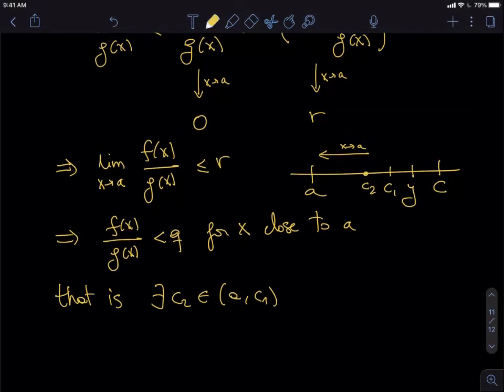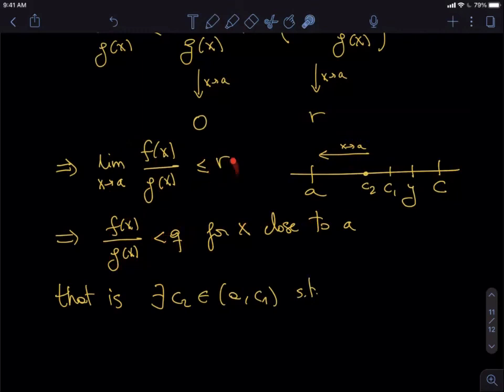So there exists C2 in AC1 such that, because we know that the limit of the quotient is less or equal than R, and R is strictly less than Q, for sure, as X tends to A, there will be some point where f of x divided by g of x goes below Q, okay?